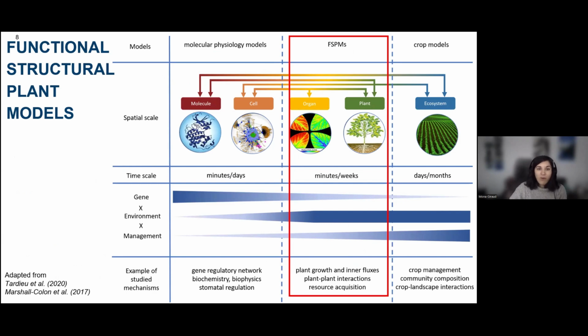With FSPM, we represent explicitly single plants in a 3D space. And they are quite interesting when we want to look at the interactions between gene, environment, and management practices, and for specific outputs such as plant growth, which is then linked with the yield, inner plant fluxes of water and nutrients, plant-plant interaction and competition, and resource acquisition.